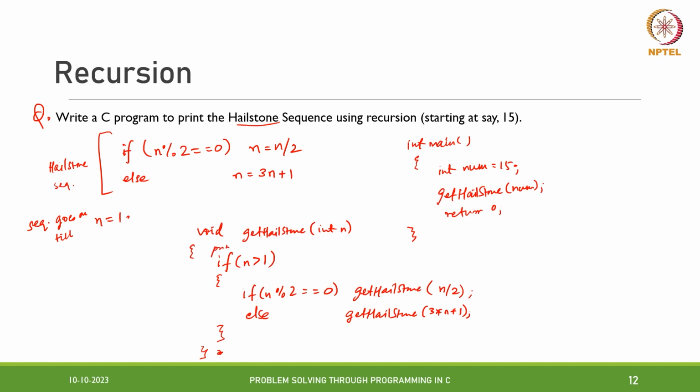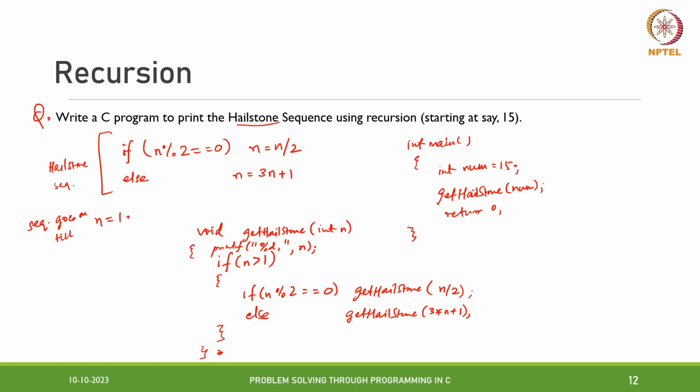So I'll print outside: percentage d comma n. I just print n every time, whatever n comes to this code. The last one to be printed will be 1, and at that point there will be no more calls of get hailstone, and it will keep returning back.